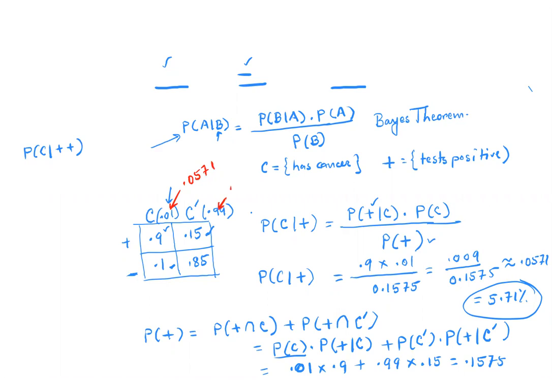It's going to be 100% minus 5.71%, or equivalently 1 minus 0.0571, and it's going to be 0.9429, I guess. Check this, I just did it on the fly.